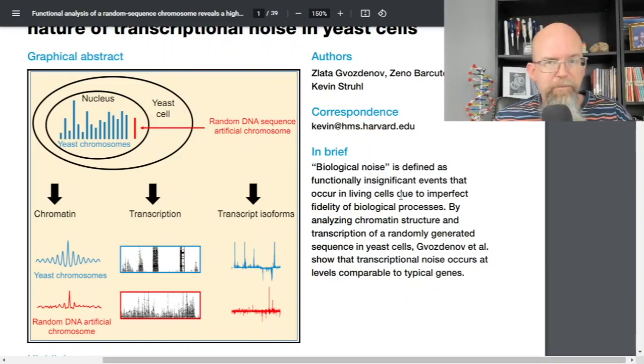And if it creates biological noise, that gives more weight to the idea that there are portions of our chromosome, or of any of the yeast chromosomes, that don't have a functional, significant role for that organism. The noise that comes from that is just that. It's biological noise.